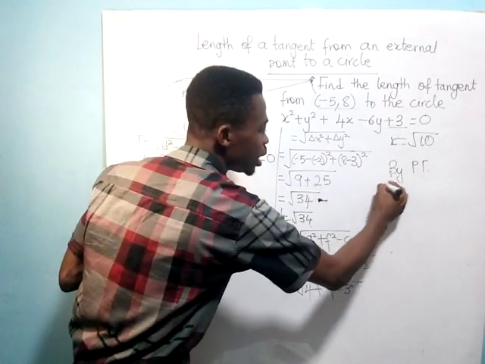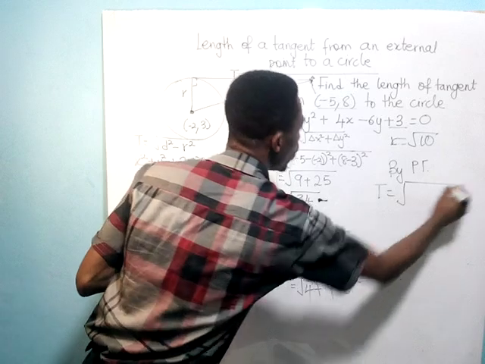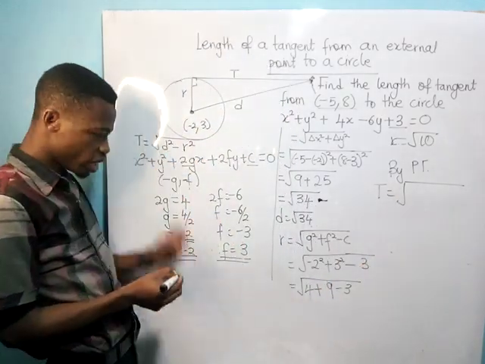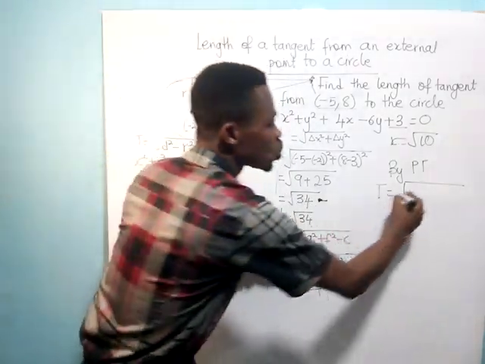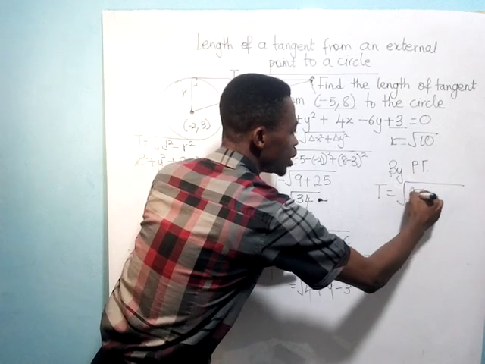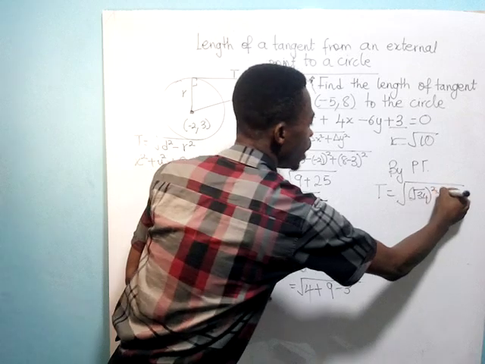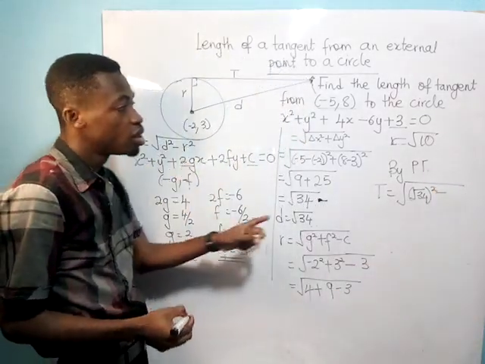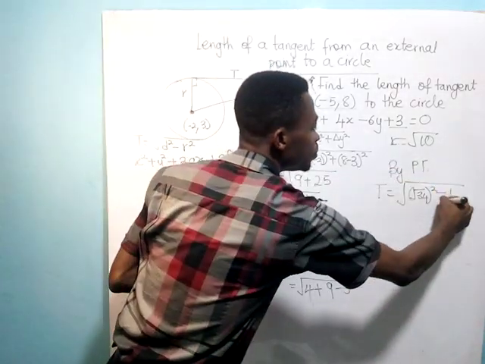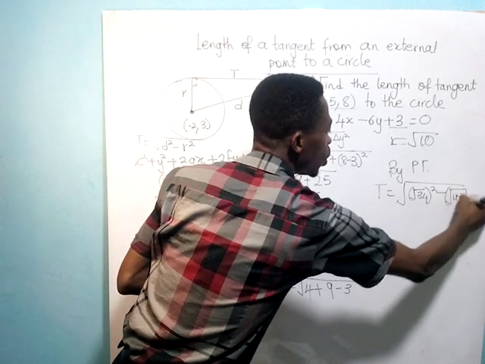So our T, length of tangent, is the square root of D squared. What is our D? Our D is the square root of 34 all squared, minus the R, which is the square root of 10, all squared.